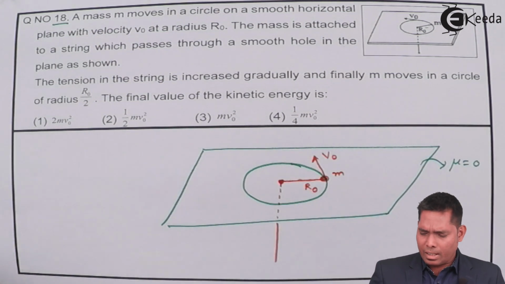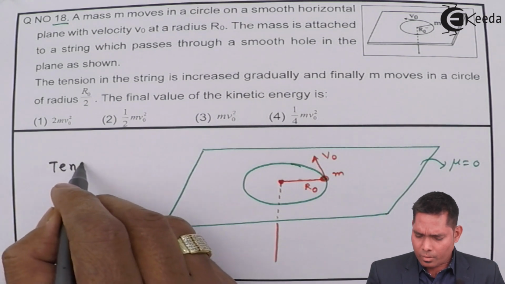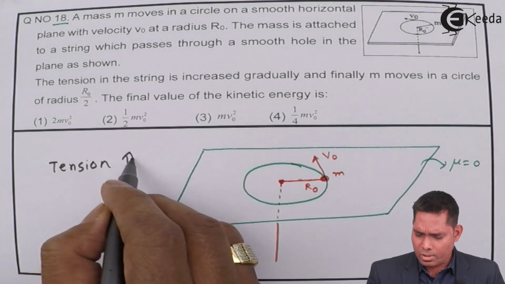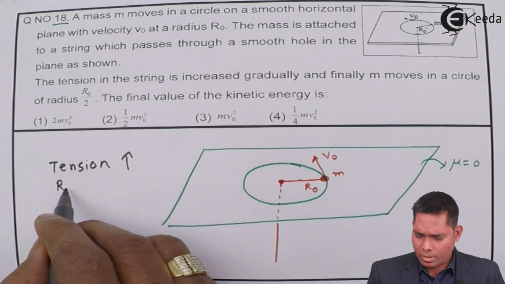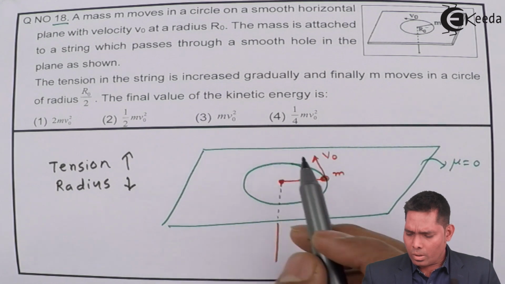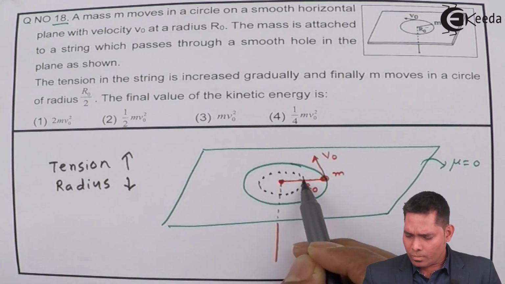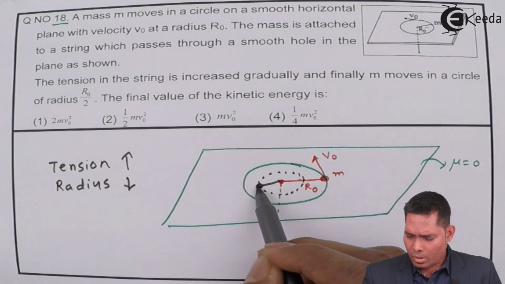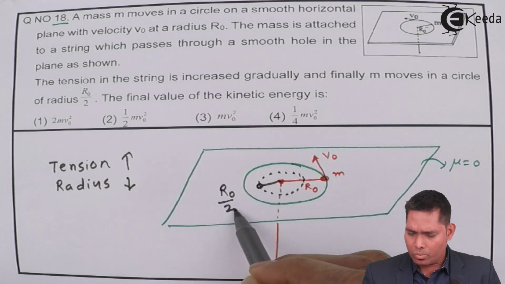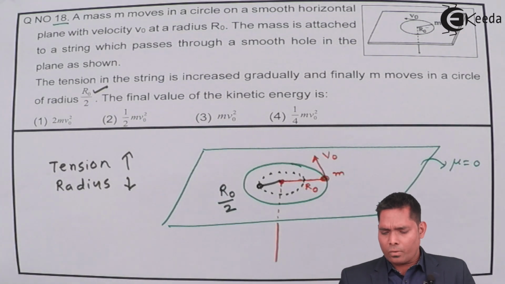So if tension increases, the radius decreases to half its value. Now the new radius is r naught by 2.